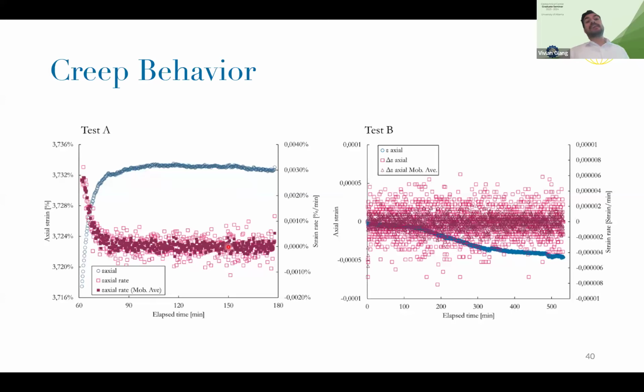You can see a trend, but it's messy. But after some time, what they call the secondary creep begins, which is like a plateau, a steady state in which the strain doesn't change too much, and the rate of the strain is kind of constant.